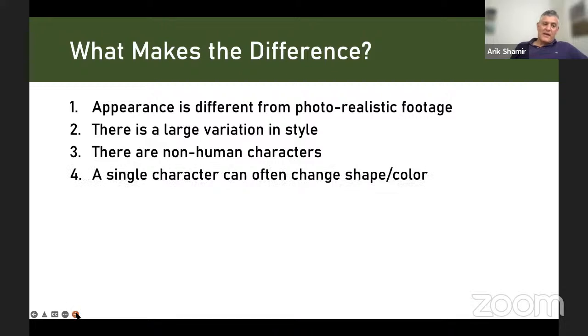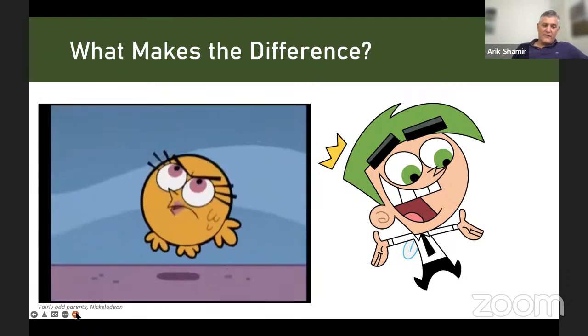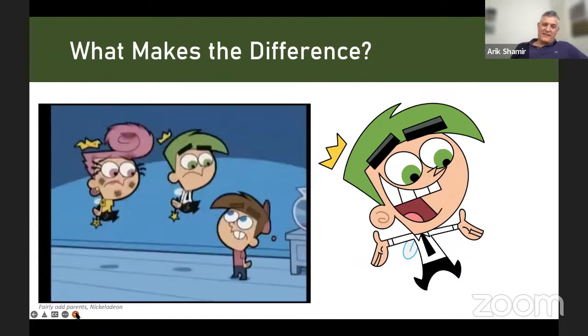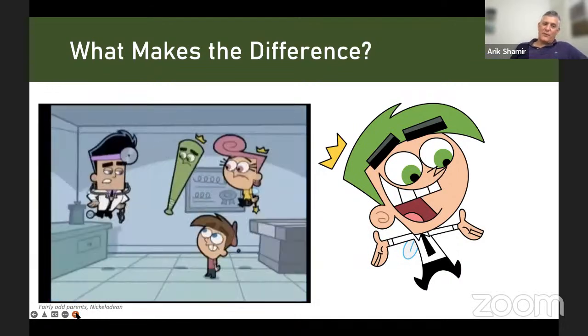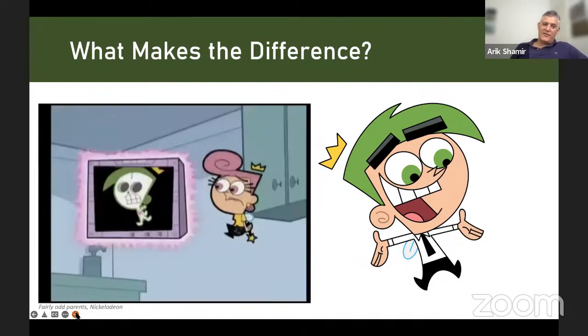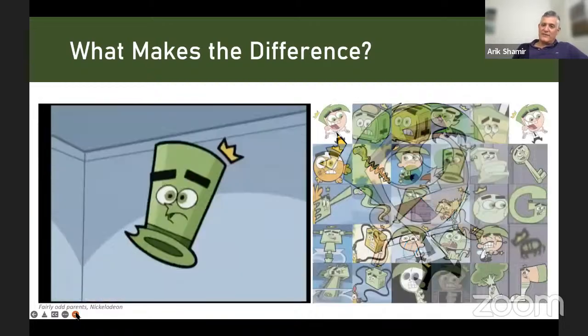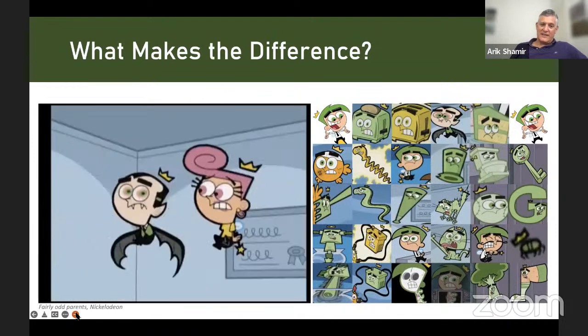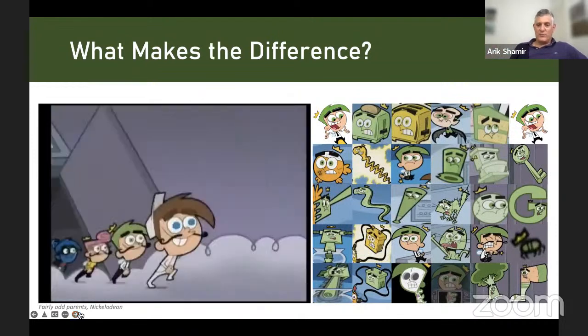And lastly, even if you have a humanoid character, a single character can often change shape and color even in the same scene. So here's an example of one character, and as you can see, he can change abruptly from one shape to another, and all these different manifestations of the same character must be, in a sense, clustered or detected as one character.